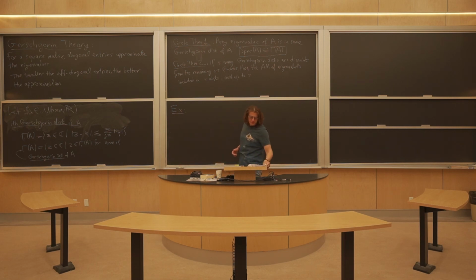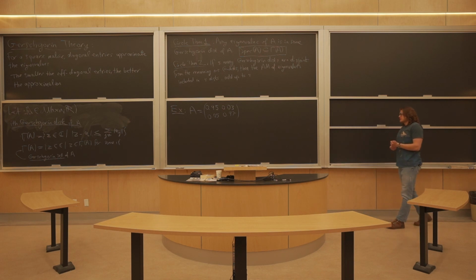So here's one example. Consider this matrix. In a bit, we're going to start calling this a column stochastic matrix.